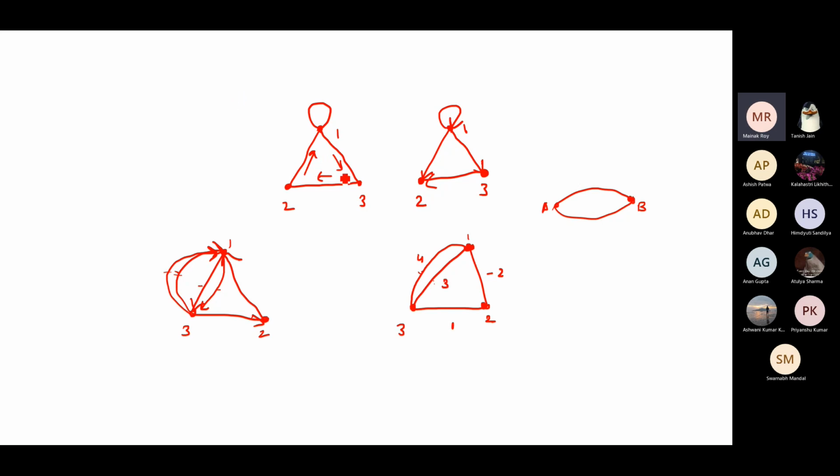So say if I go from 1 to 3 and then from 3 to 1, that's not a cycle because we have traversed the same edge twice.